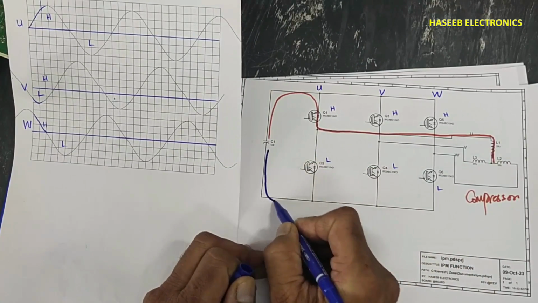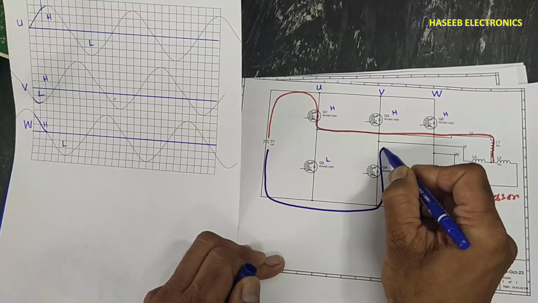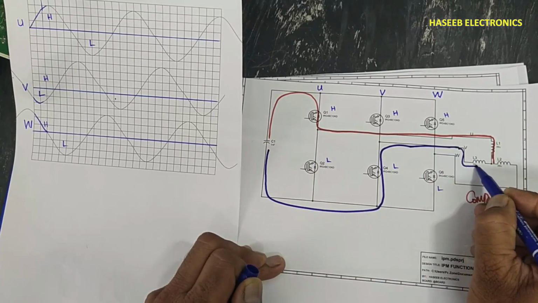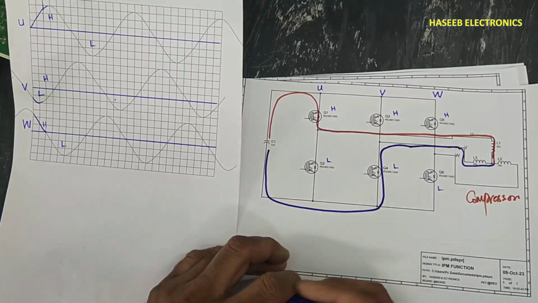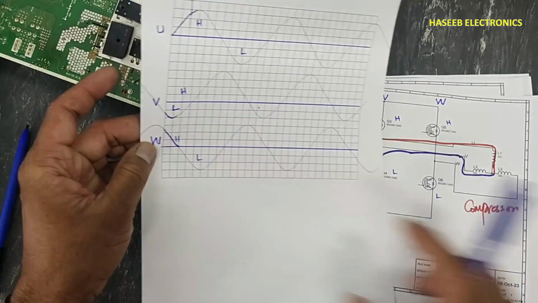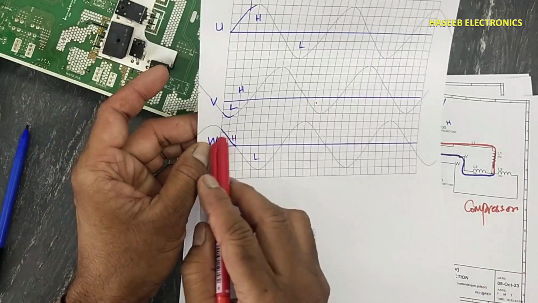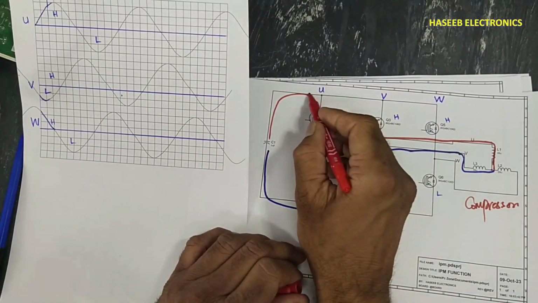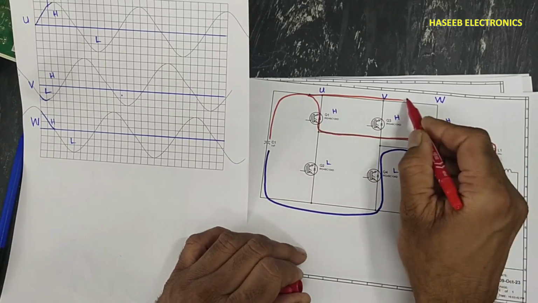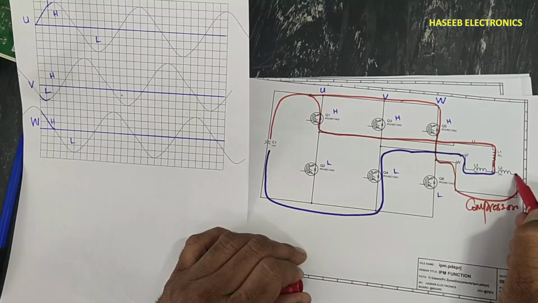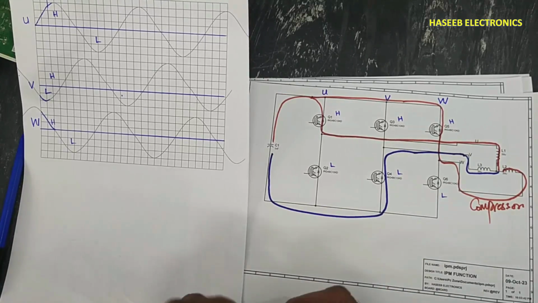Low side current will pass this side, and at that time W high, that means this IGBT will also turn on. So now we can see the current flow.